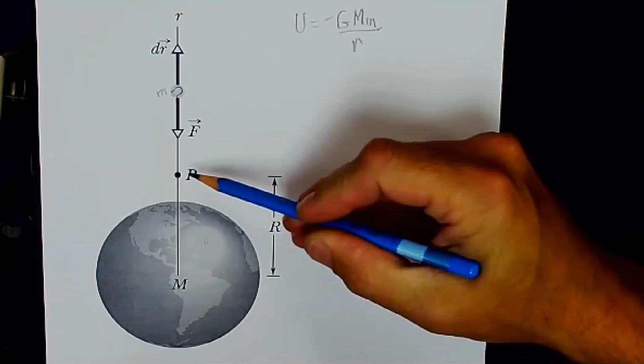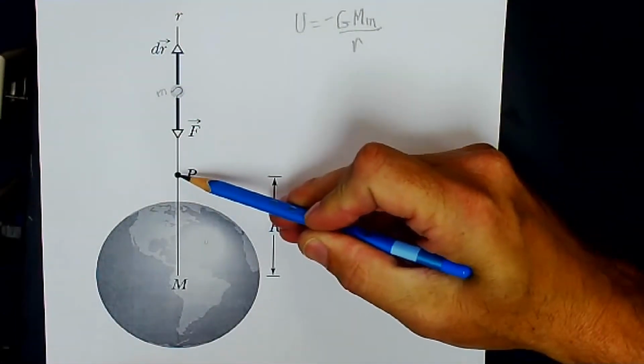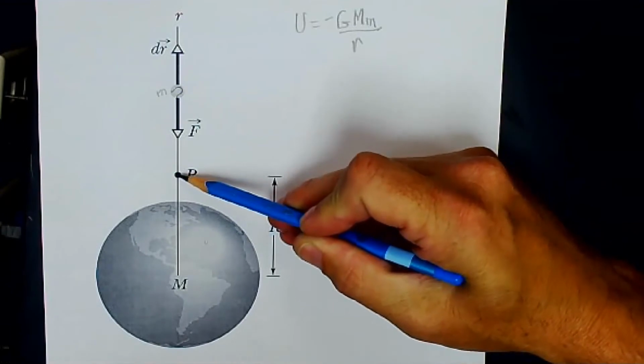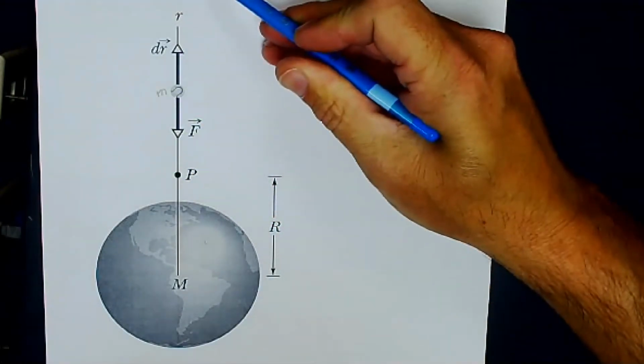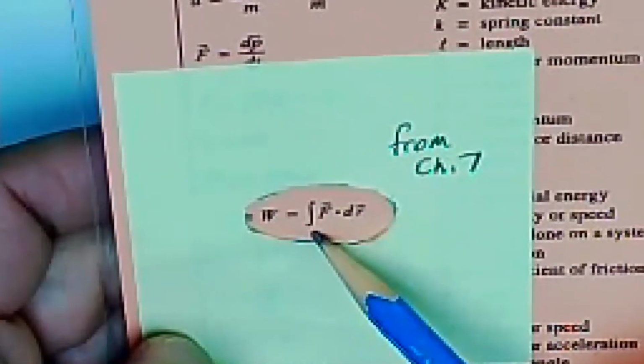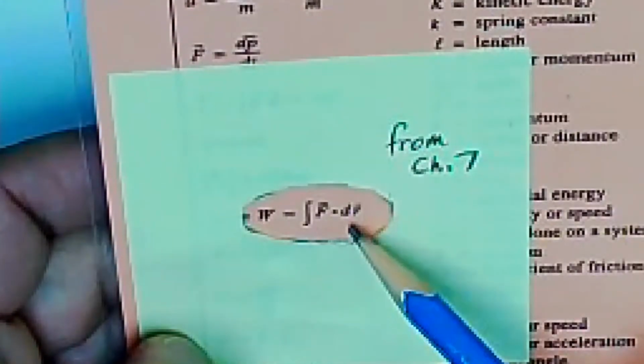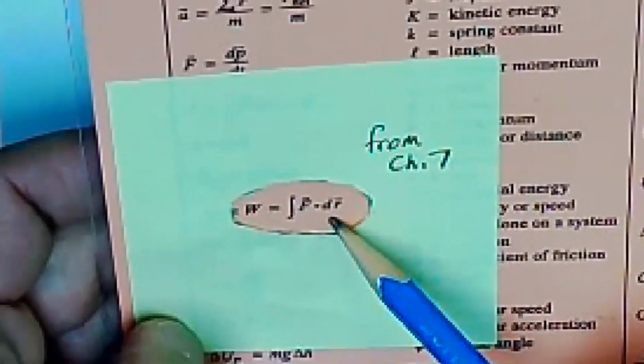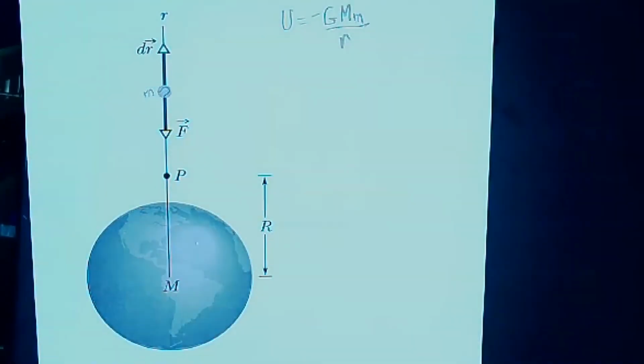Let's calculate how much work is done on the ball by the force of gravity as it moves from point P to infinity. So we're going to go back and look at our equation from Chapter 7 for a variable force: work is equal to the integral of the force with respect to the direction. Okay, so let's do that.